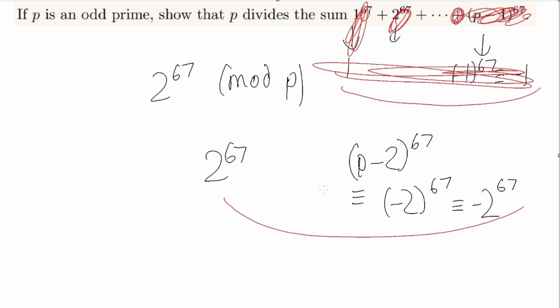And then we just continue pairing up terms in general. In general, we pair up the term k to the 67 with P minus k to the 67 as well. And this ends up working out because P minus k to the 67 is equivalent to negative k to the 67. And therefore, the entire sum becomes 0, and we are done.